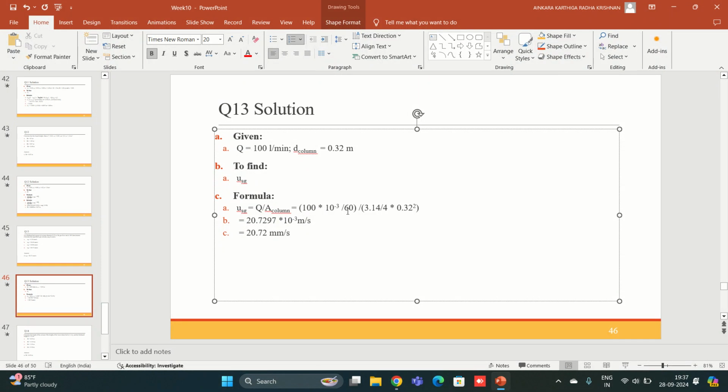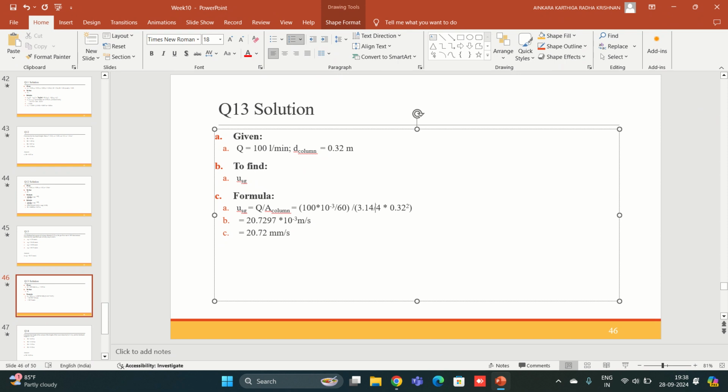So 100 liters per minute we are converting into meter cube per second. So 100 into 10 power minus 3 meter cube divided by 60 seconds and divided by area of the column, which is nothing but pi by 4 d square.